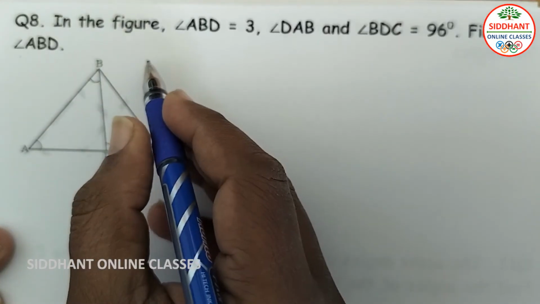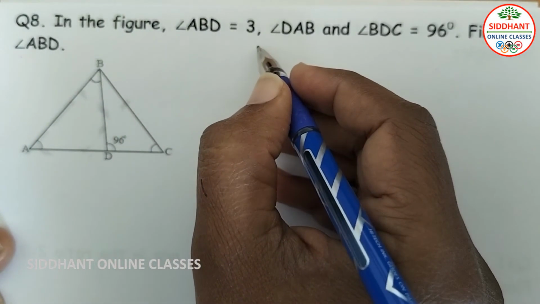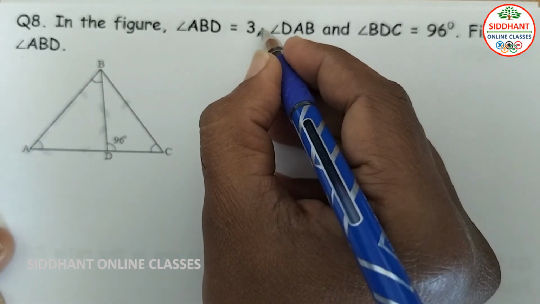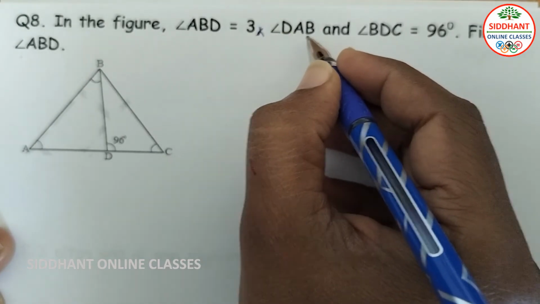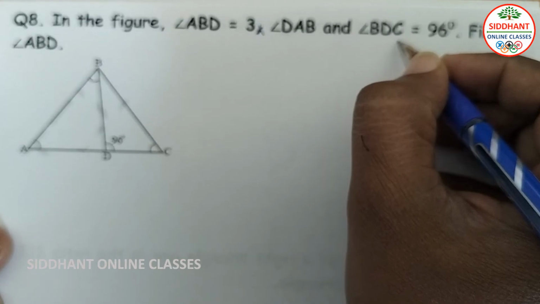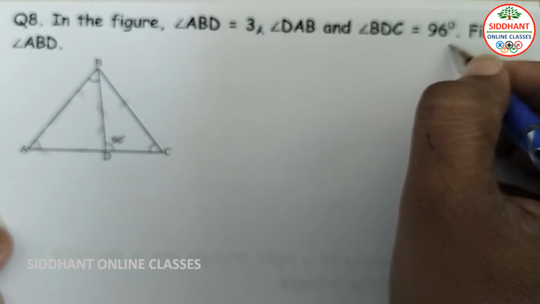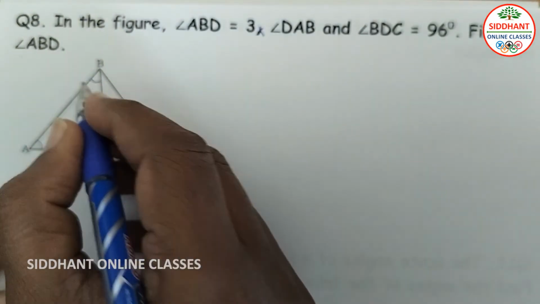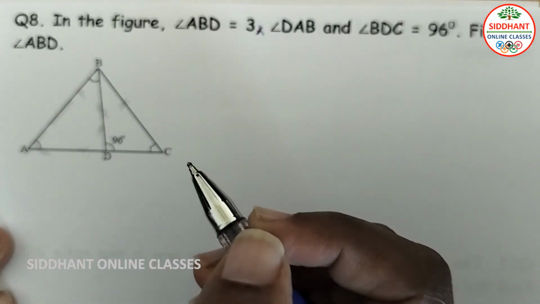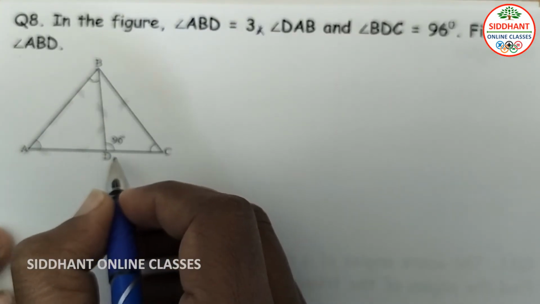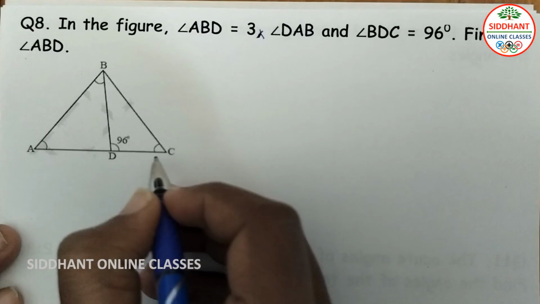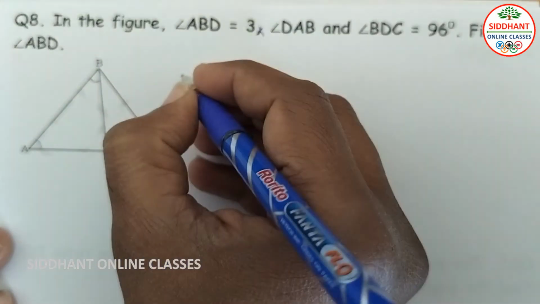Question number 8. In the figure, angle ABD is equal to 3 times angle DAB, and angle BDC is equal to 96 degrees. Find angle ABD. Here, angle ADB and angle CDB are a linear pair.